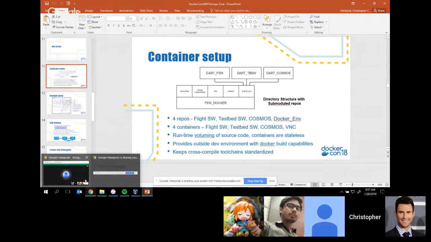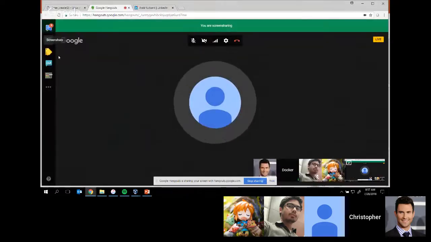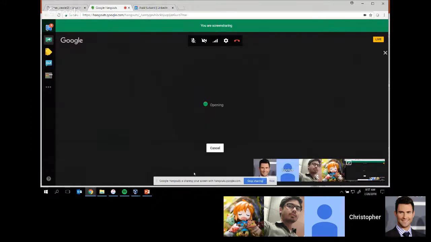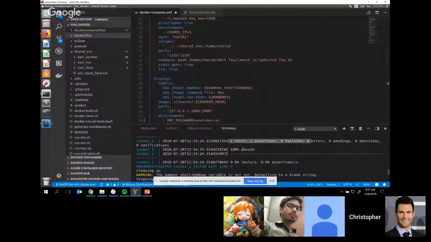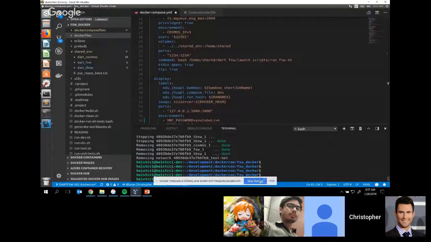I wanted to ask, you build Docker images. Are they fairly large, or are they small in size? They are actually pretty big.